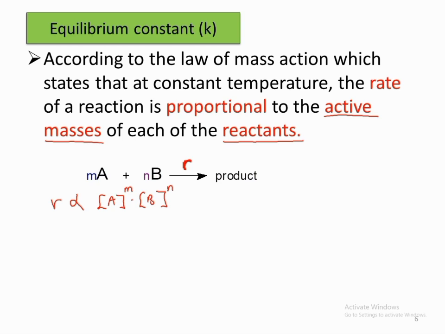Take note that for every proportionality sign, there must be a proportionality constant, which means R is equal to K times the concentration of A raised to the power M times the concentration of B raised to the power N. K is a constant, the reaction constant at this point.